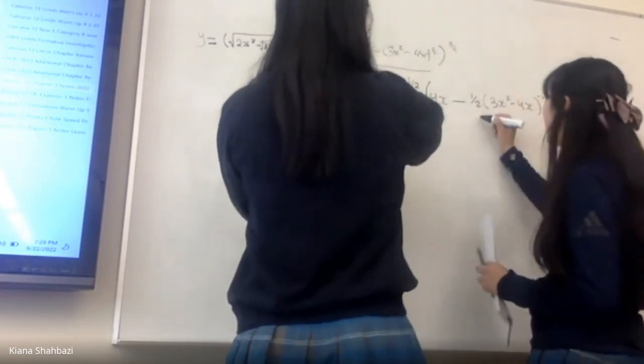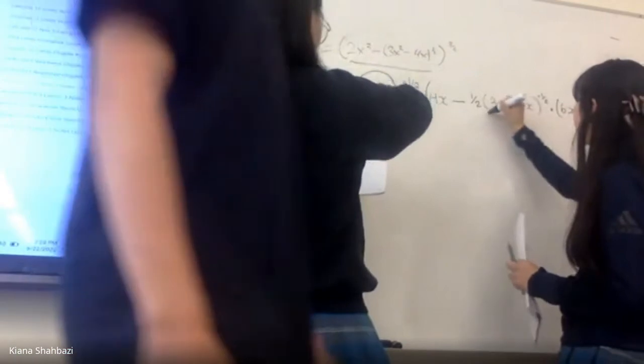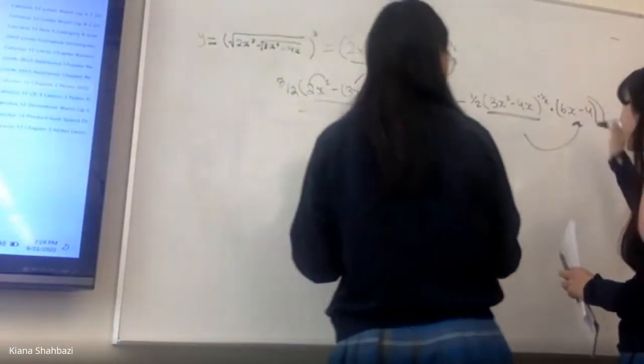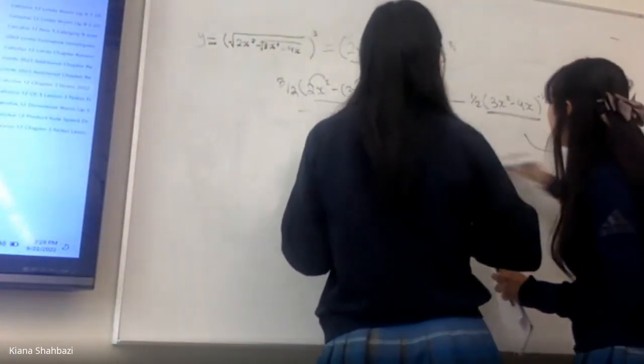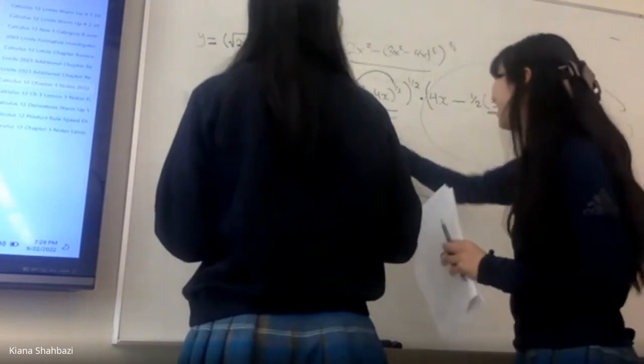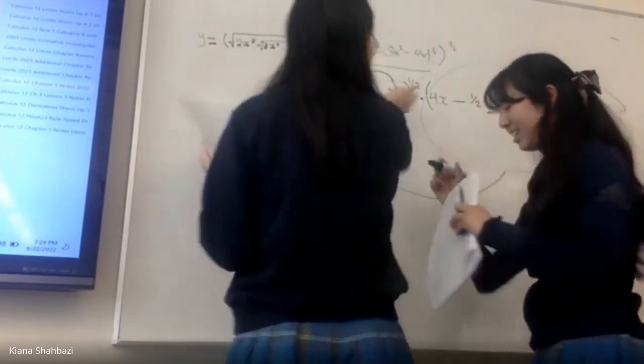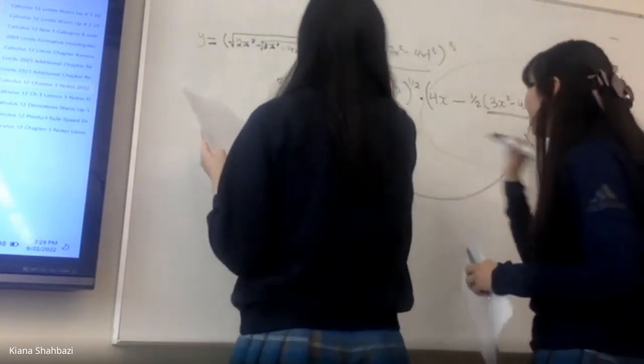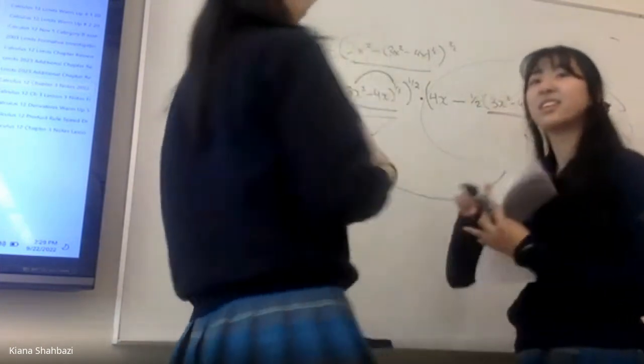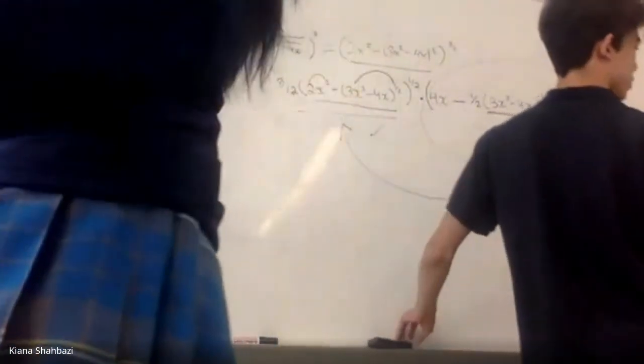These minus one half are the same. Then the derivative of this is equivalent to that, and this thing we multiply by this, because this is the inside. Chain rule. That is so confusing. Look at the question. That's the answer.